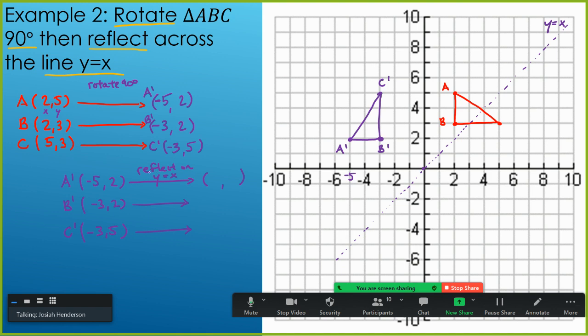Let me ask my question again. If I'm looking at just A prime, which is negative 5, 2, and I do the reflect on the line y equals x rule, I'm swapping x and y. So what would my A double prime be if I swap x and y from A prime? Anybody?